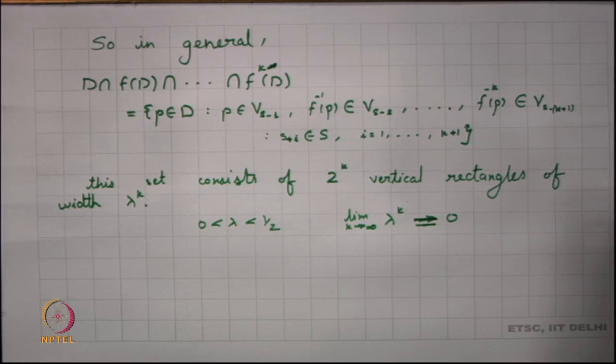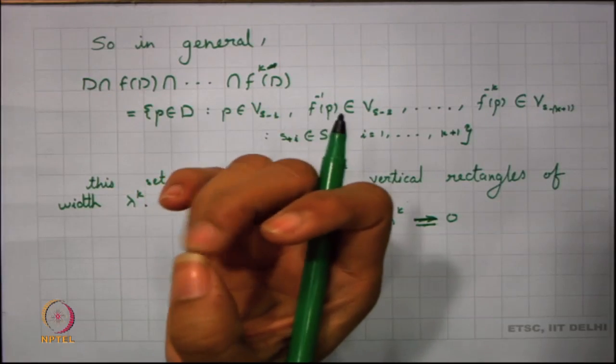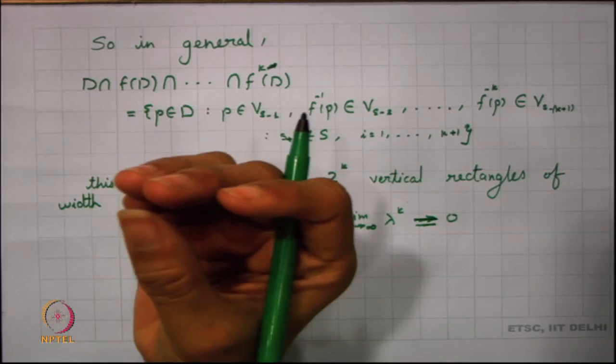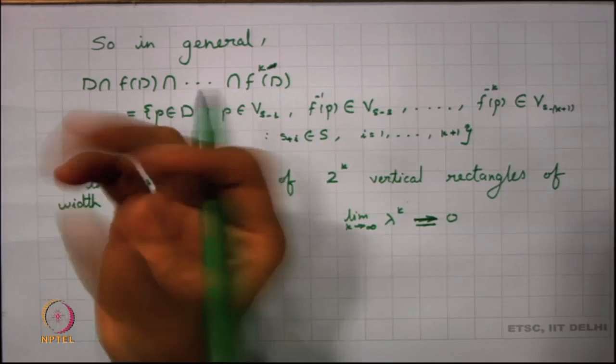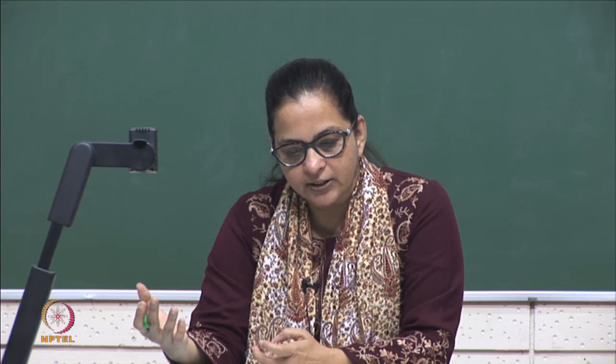That means as we go on applying f again and again, these rectangles are gradually going to lose their width, and 0 width means they become a straight line. So, what happens at the infinite stage here?